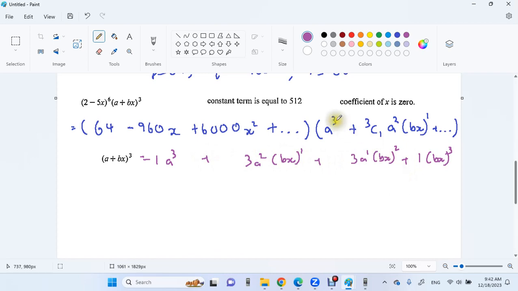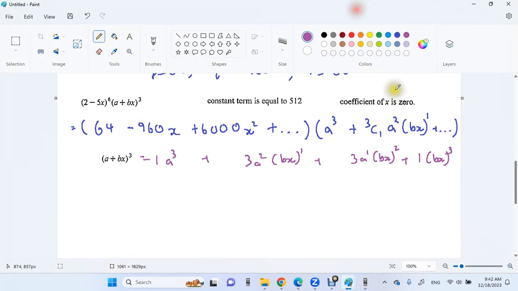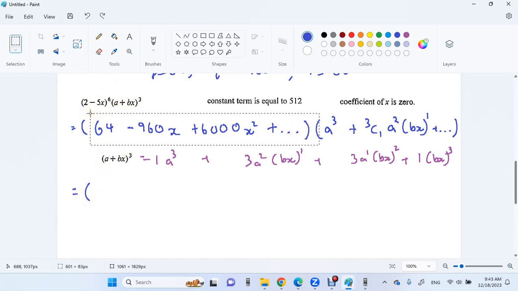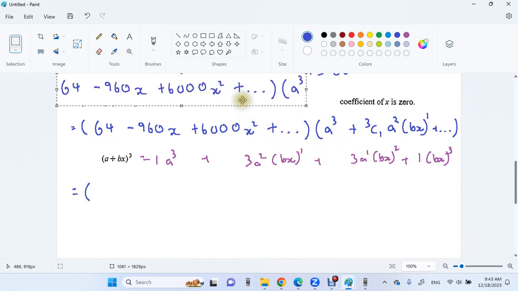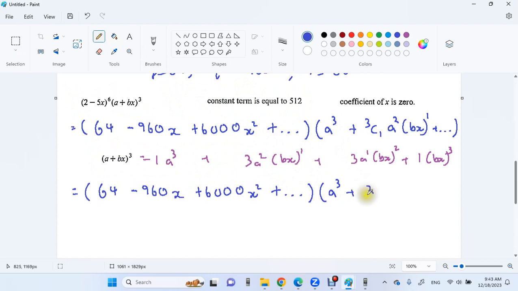Okay, so a power 3, 3C1 is actually 3, so this one it will become 64 and so on, multiply with this is 3a squared bx and so on.